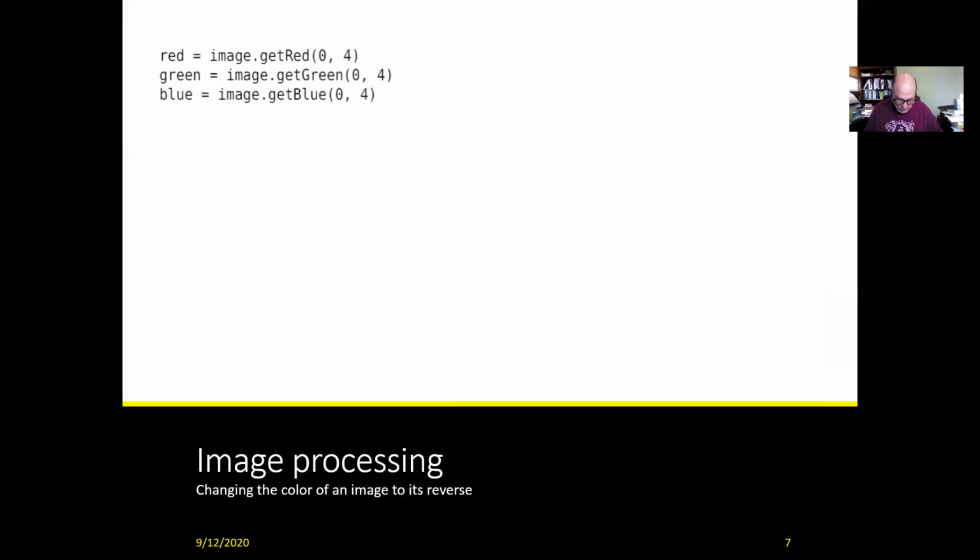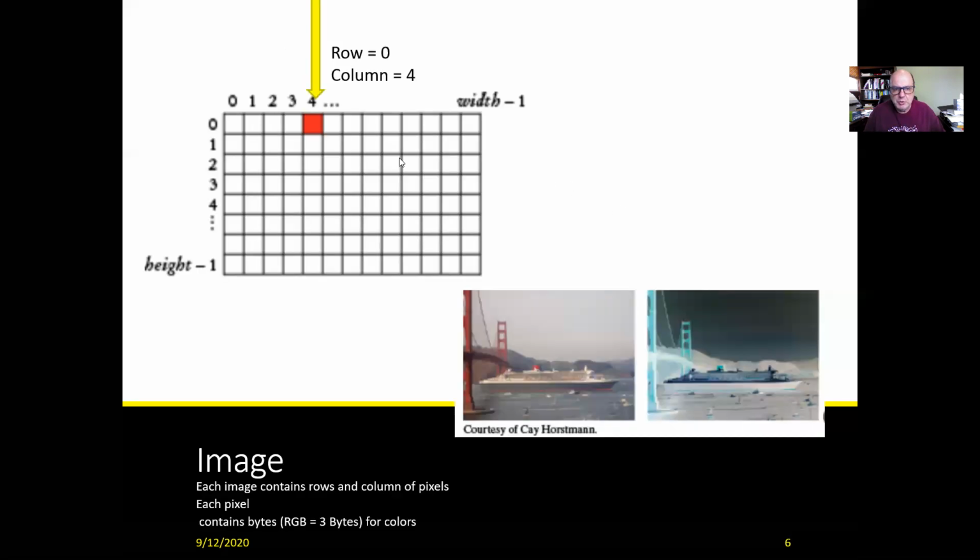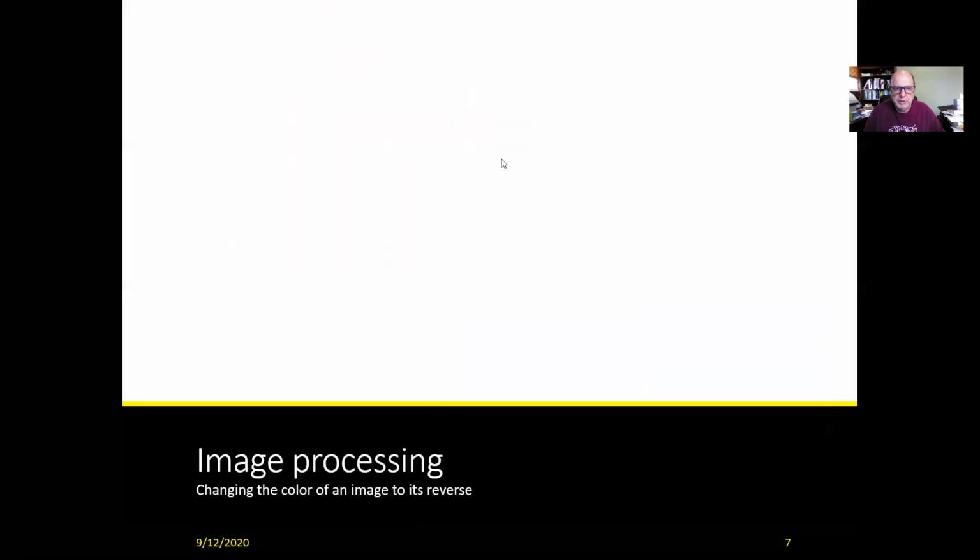First we have to get the pixel. Remember what we had in the previous one, row 0 and column 4. If I want to go there and pick up this pixel, that would be my 0 and 4.